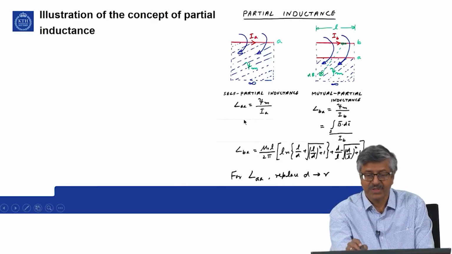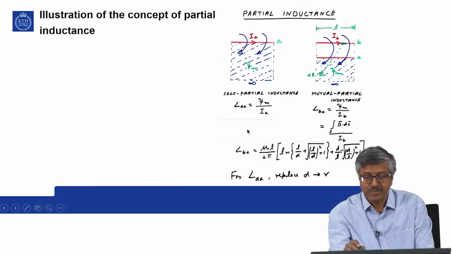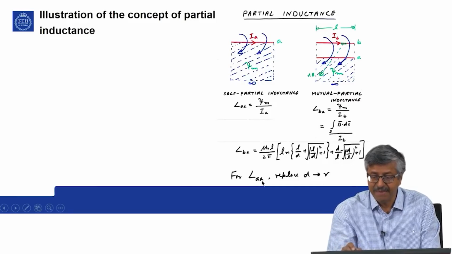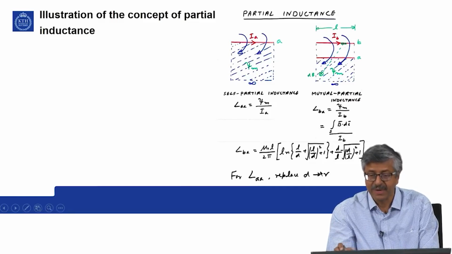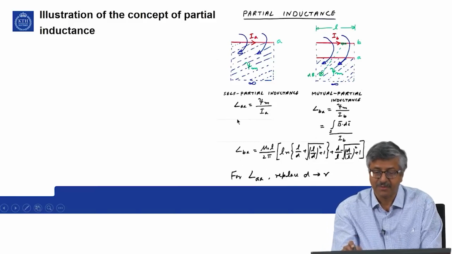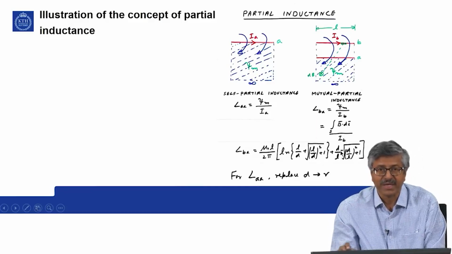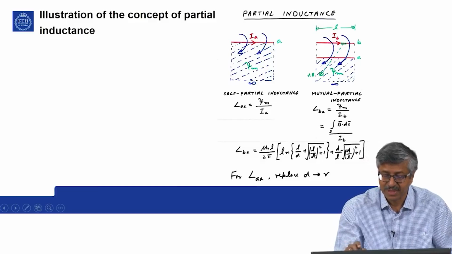So, for self partial inductance, you write B is same as A and replace D by R, diameter by R, then you get the self partial inductance. This you can get from some of the electromagnetics textbooks, this type of expressions.